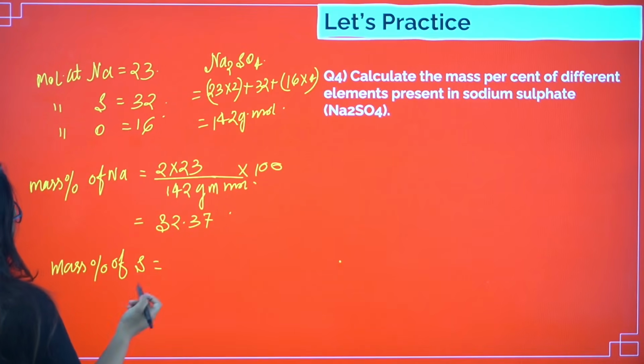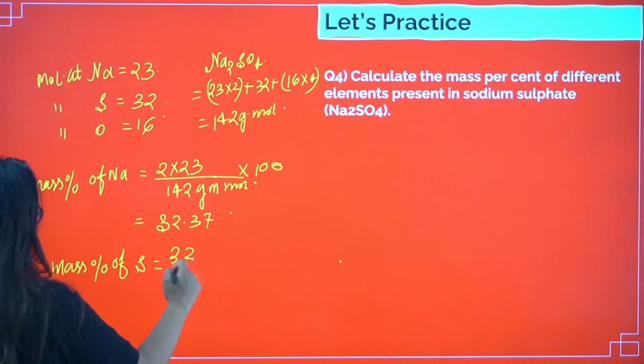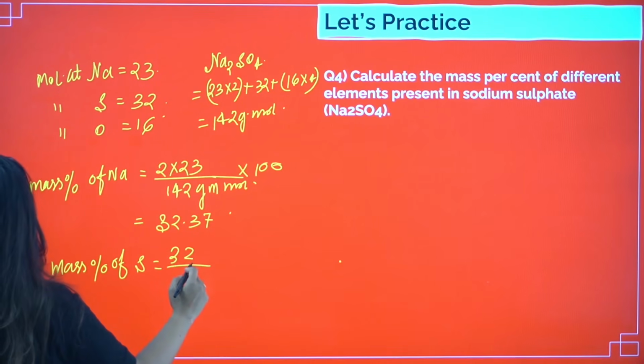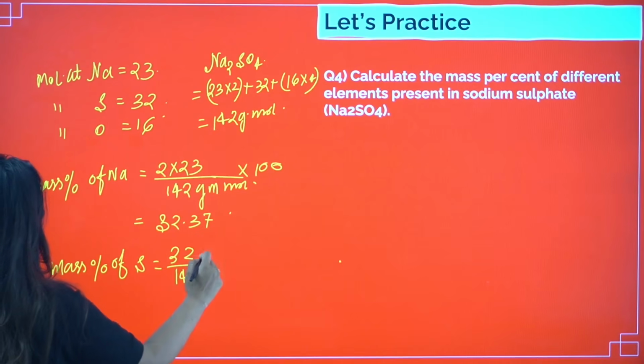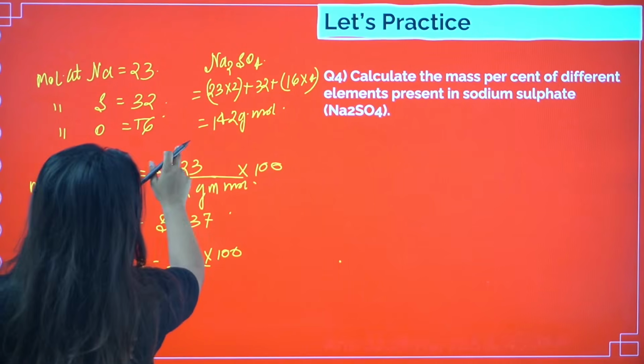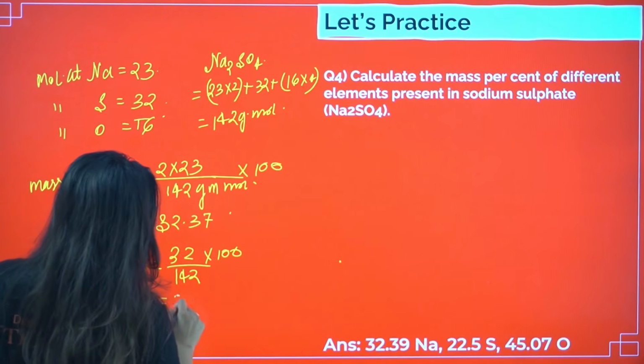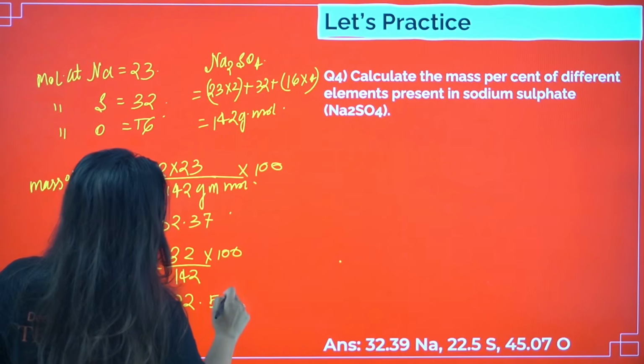Okay, next, mass percentage of, let's say, sulfur. Only one sulfur is there, so we can do it simply by 32 divided by 142 into 100. If you just calculate that, your answer will come up to be something like 22.5%.